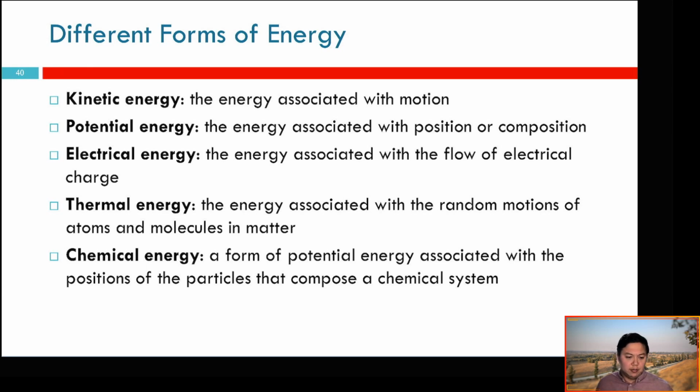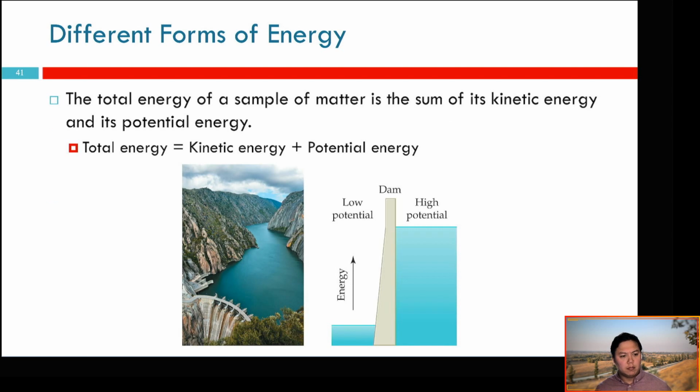And chemical energy, which is a form of potential energy associated with the position of the particles that compose a chemical system. So chemical energy, usually we talk about in the form of bonds between atoms, forming or breaking those bonds.